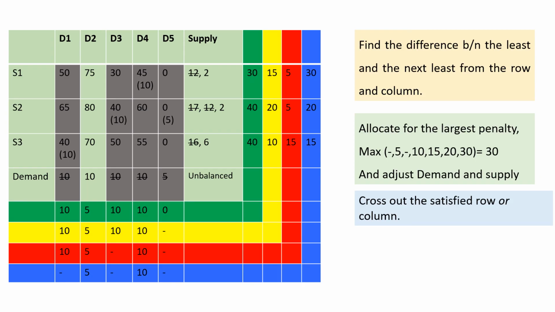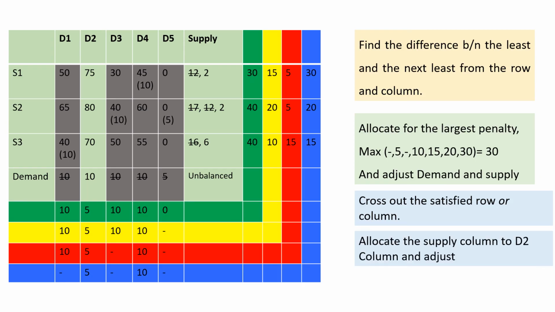We cancel all this, and we cancel this 10 as well, because 2 plus 2 plus 6 becomes 10. D2 demands 10, so the supply is 10, so we allocate the supply column to D2. Now we have already allocated all the supplies.